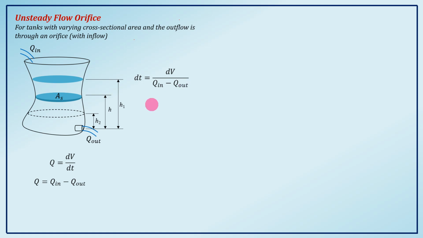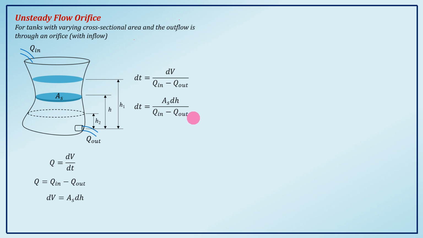And we have to take note that dV is equal to As times dH. So, nagba-vary yung area natin as we go down or as we go up, kasi vary yung cross-section natin. So, we will have an equation of As in terms of H dyan, kung varying siya. Okay. So, palitan natin si dV ng As dH. Yan, dt is equal to As dH over Q in minus Q out.